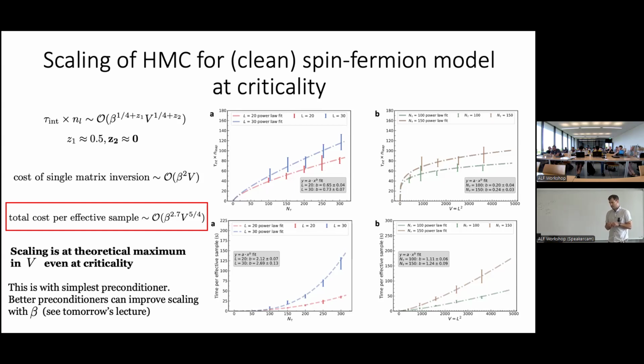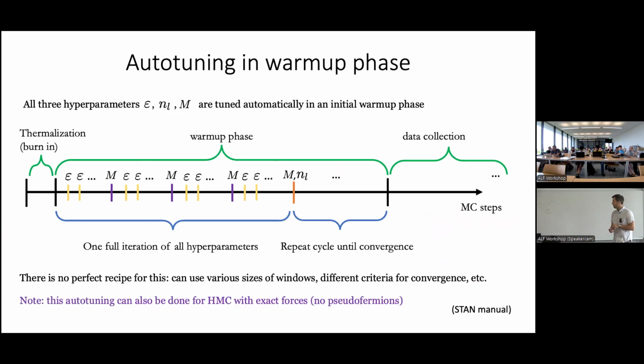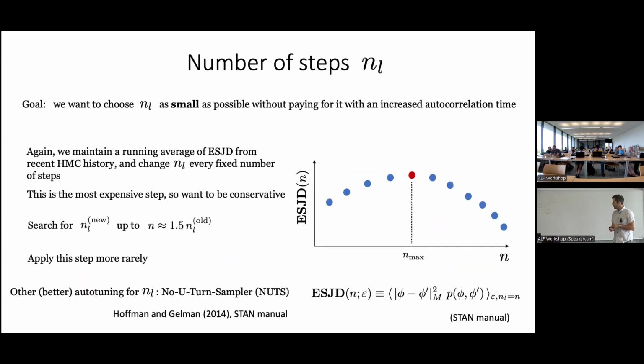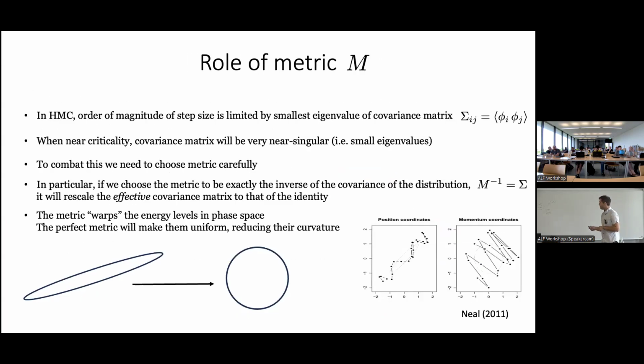So what I said was actually a cheat, because the optimal value of this matrix should be the non-averaged one, the configuration-dependent phi_i phi_j.